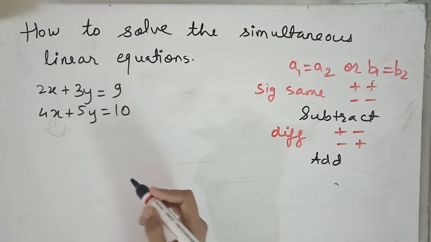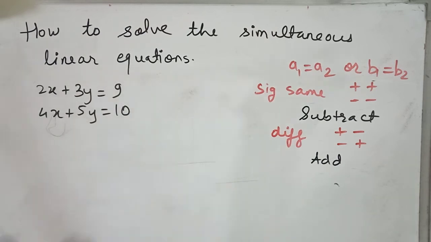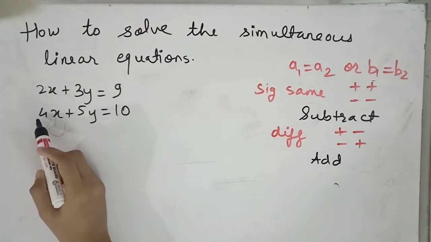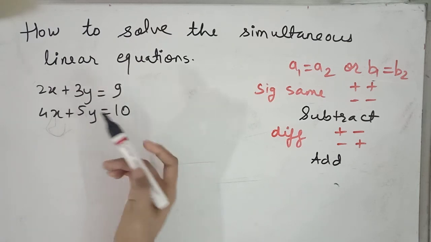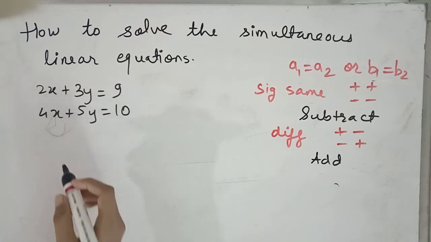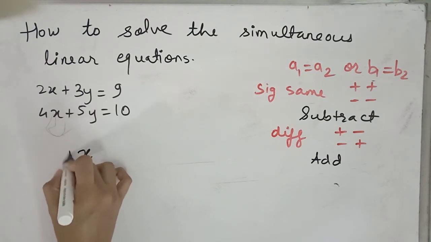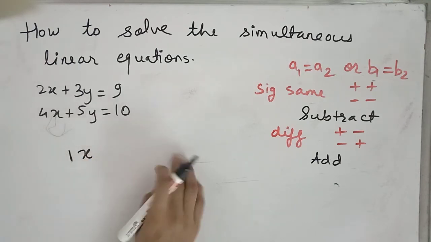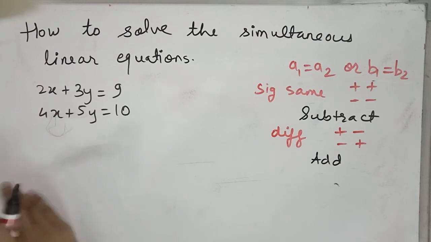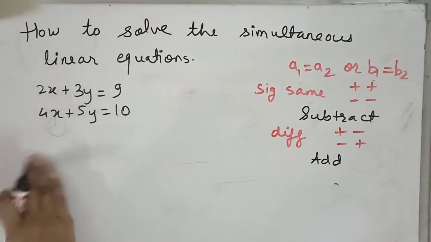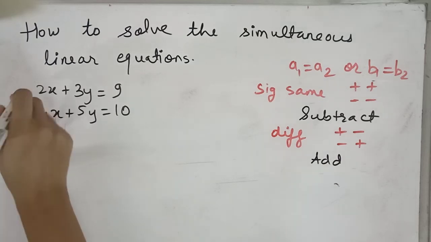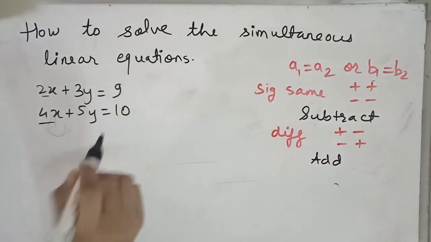So we will make either a1 and a2 equal or b1 and b2 equal. In the previous equation we have seen that the constant of x was 1, so we multiplied it and got the answer easily. So here it is 2x and 4x.